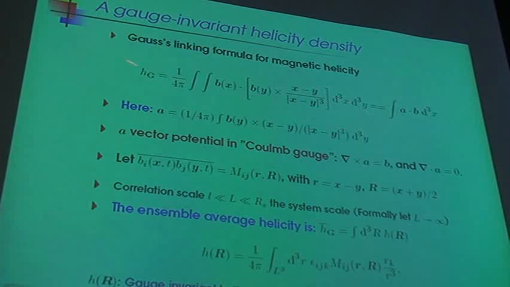This formula is not due to me, but it is good to go back to it because this is the more fundamental definition of helicity, not A dot B. So you take the magnetic field, and I've just put small b, but it's of course valid for any field B. Take pairs of points x and y, take b at x, b at y, and construct this quantity b at x dot b at y cross the separation vector x minus y over x minus y cubed, integrated over all pairs of points, and that is the measure of the linkages of the field with the field everywhere else.